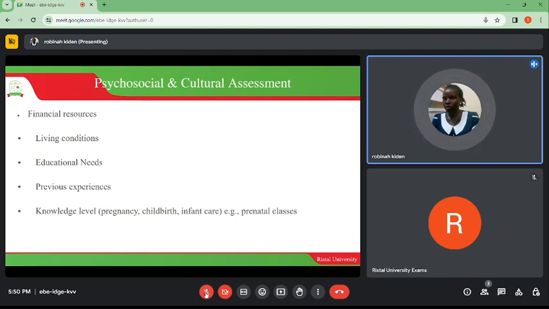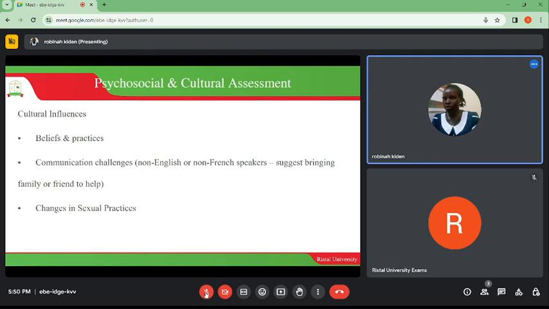Then knowledge level on pregnancy, childbirth, and infant care. Does she have knowledge on all this? For instance, prenatal classes. Did she attend any prenatal class? And many other things. Then cultural influences. What are the beliefs and the practices in her society? Are there any communication challenges?